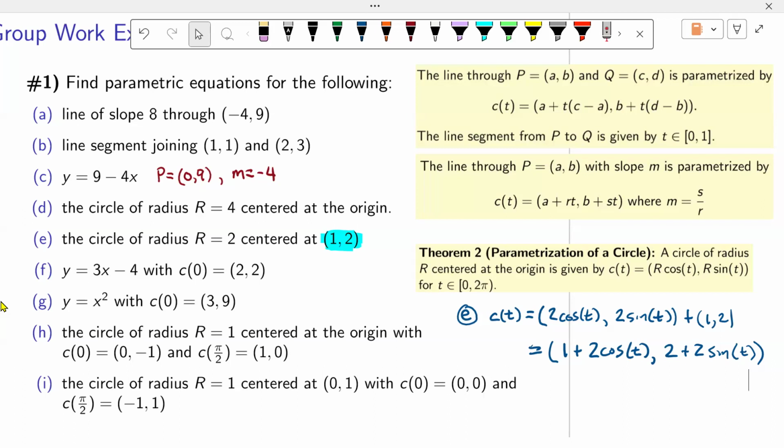What's another point that we know it goes through? (2, 2). So which one do you think we should use for our point P?